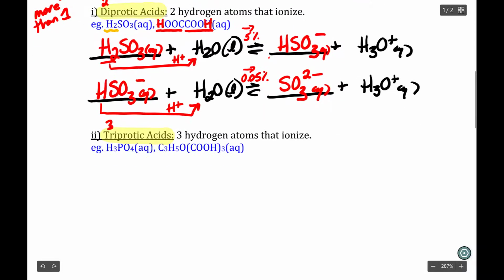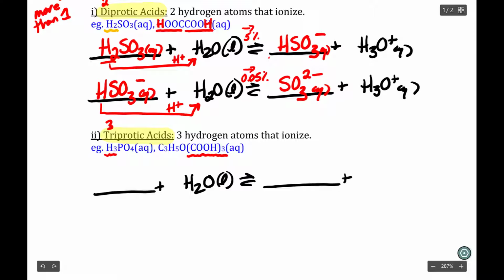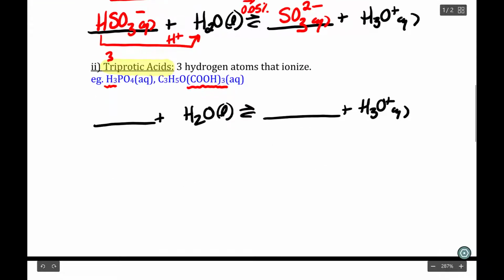Now, if I was to do a triprotic acid, of course, I would have to have 3 H's, or I would need to have 3 COOH's. So for instance, I would have to go blank plus water is in equilibrium with blank plus hydronium. And then I'd have to go blank plus water is going to become blank plus hydronium.